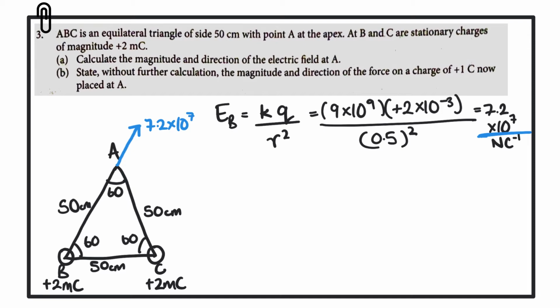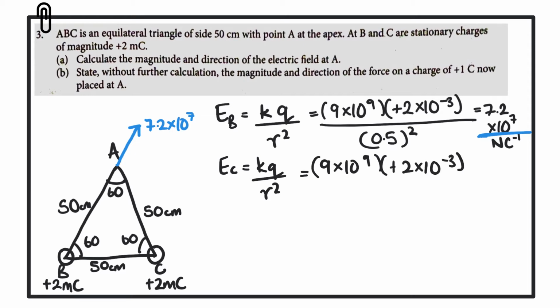So now let's work out the electric field strength because of the charge at C. Well, again, we're using the same equation here where we have K times Q over R squared, and actually when we look at the numbers here, the numbers are exactly the same because we have a +2 millicoulomb charge and it is separated by 50 centimeters from that point A. So what we find is that the electric field strength because of the charge at C has the same value as the one at B. The only difference here is going to be the direction that it's acting in.